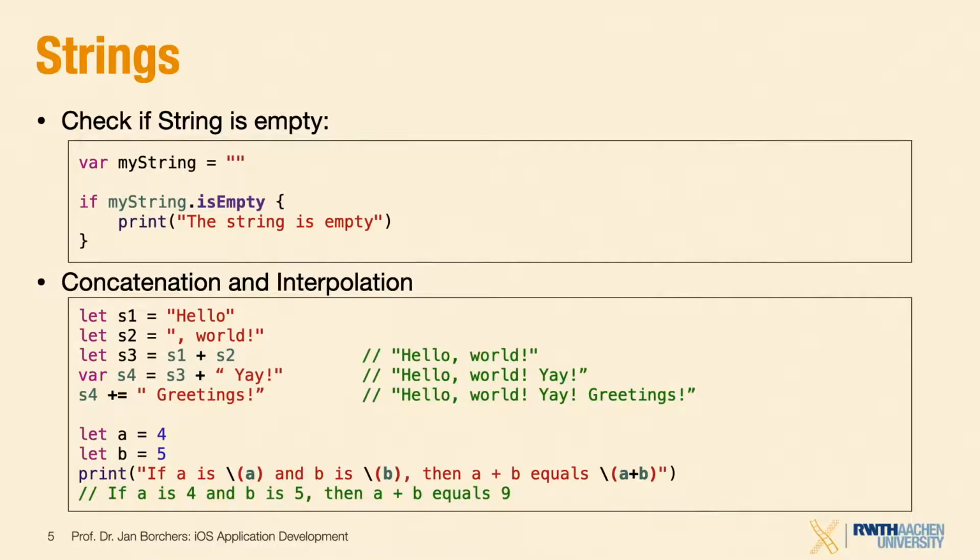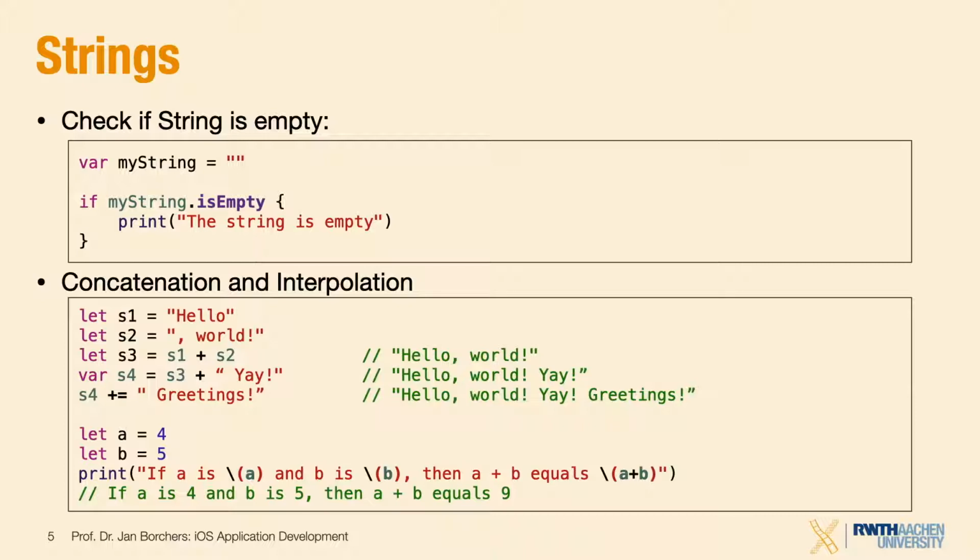Now, concatenation and interpolation. Concatenation is easy. You just, plus is overloaded to work with strings. You're used to this probably from other languages. We can also already here see this compound operator where you basically say S4 plus equals, which basically means add this to S4 and assign it back to S4, right? So this expands this string here by one word at a time.